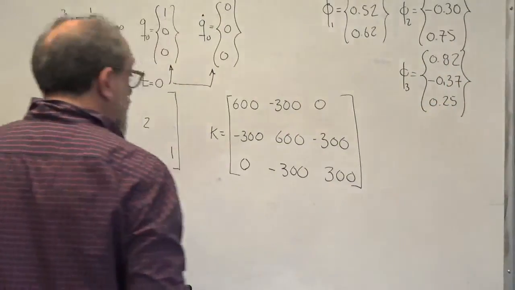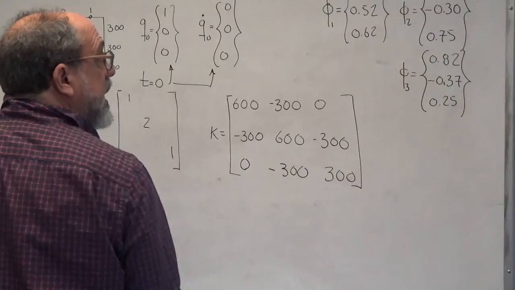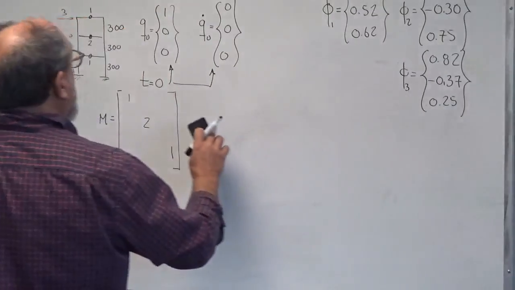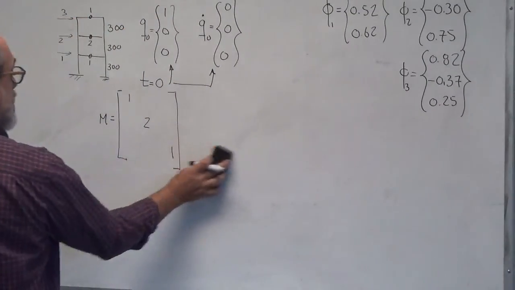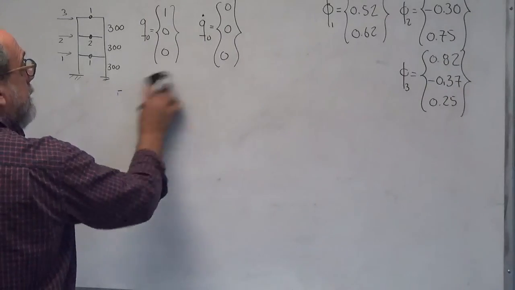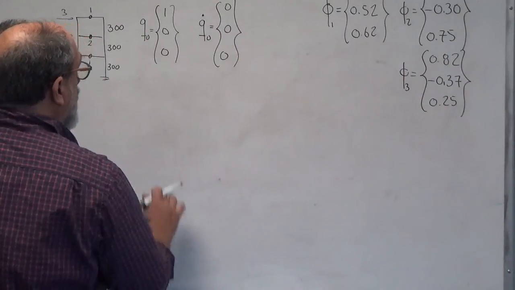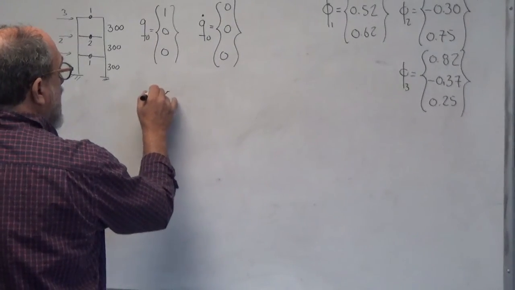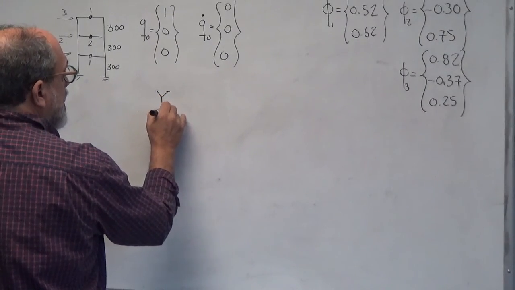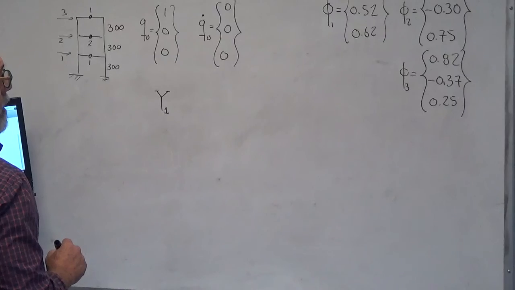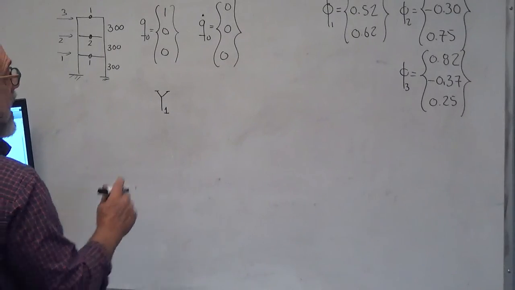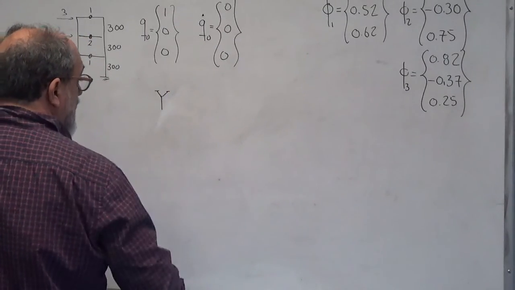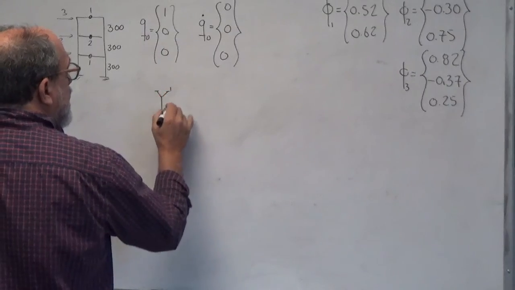Okay, now I think I can erase this, I don't need it anymore, and you already have it, so 1, 2, 1. Now, we want to calculate the initial conditions, and so we say, what is the amplitude on the first mode? I'm trying to use the same notation. I guess I called it y0 in the first mode.